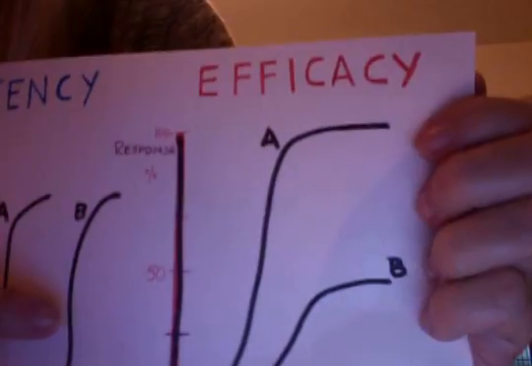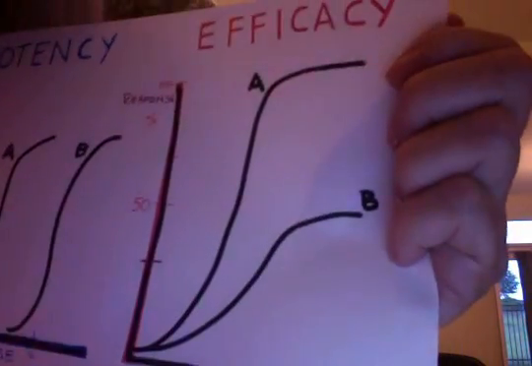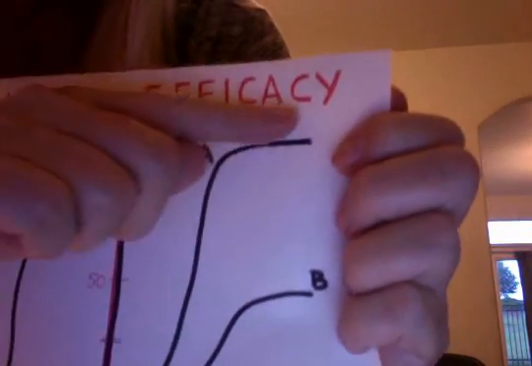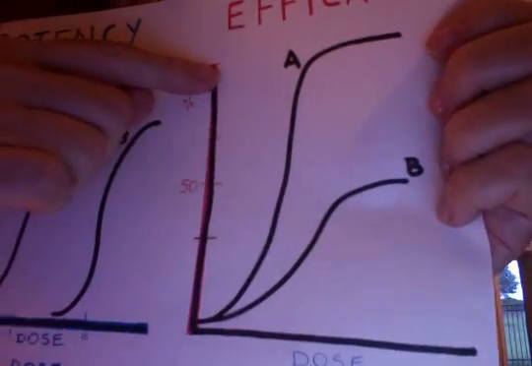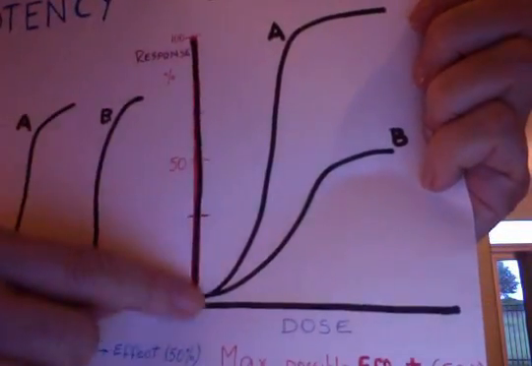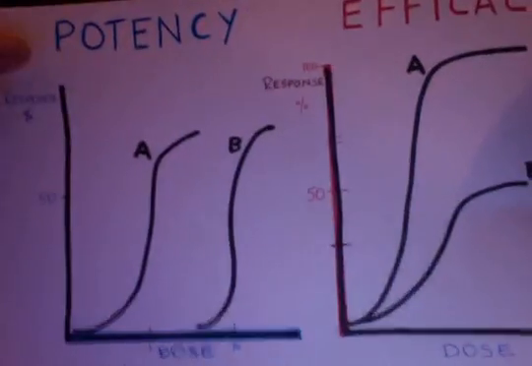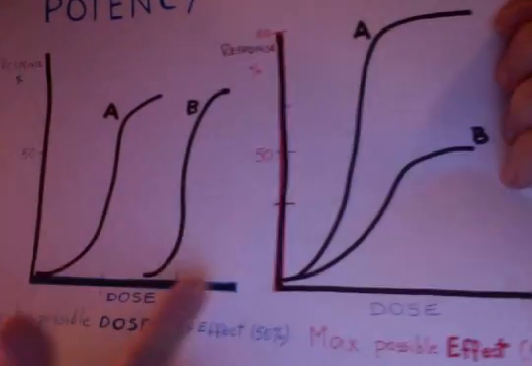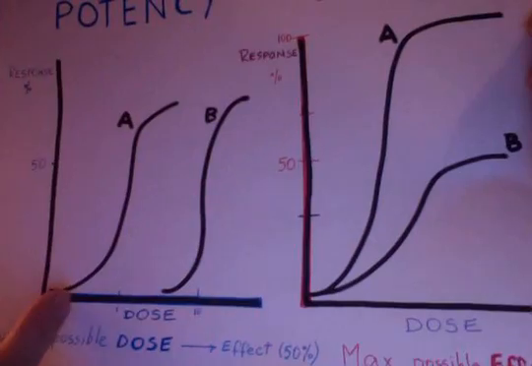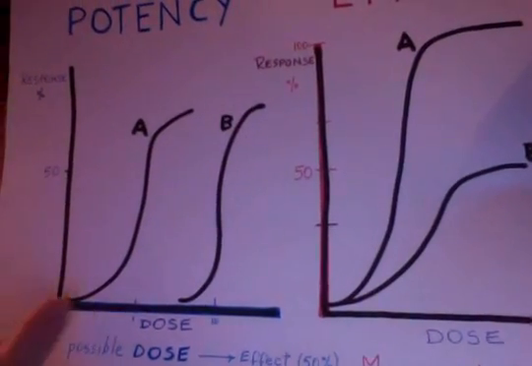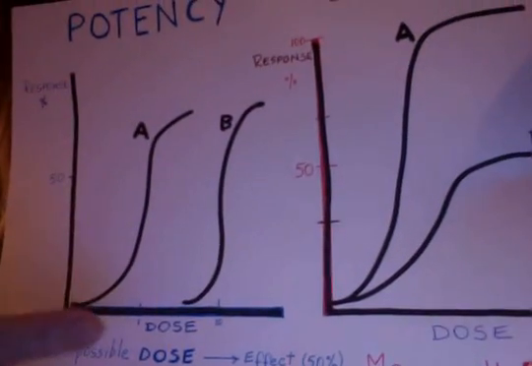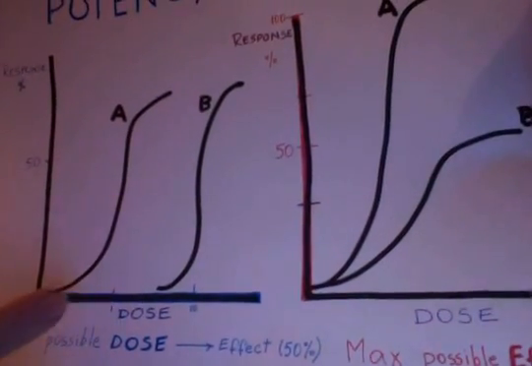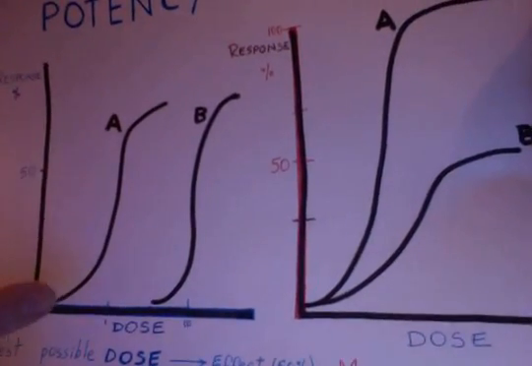So for efficacy, we are looking for the maximal possible effect, which we can take from the numbers on the y-axis. And for potency, we need to look at the x-axis that is closer to 0 or to less than 0. I don't know if you put it less than 0, but at least it has to be closer to the y-axis.